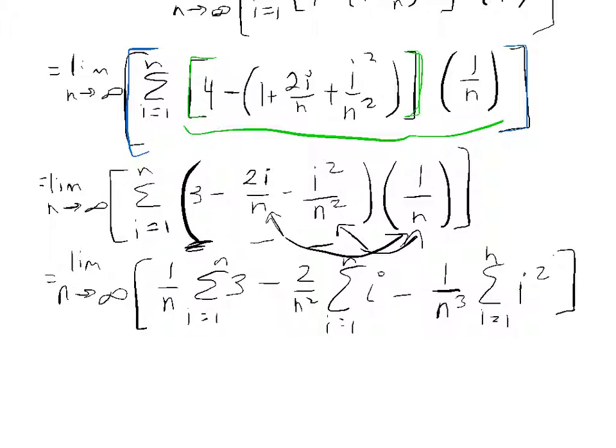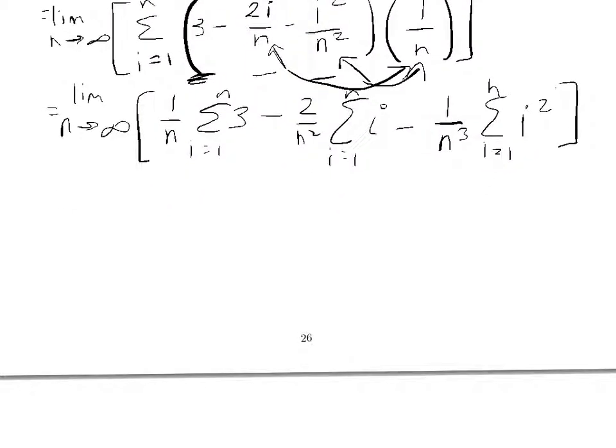Okay, and then taking each sum individually, the sum of 3 from i to n will just be n, right? So n times 1 over n is just 1, so we're left with a 3 there.